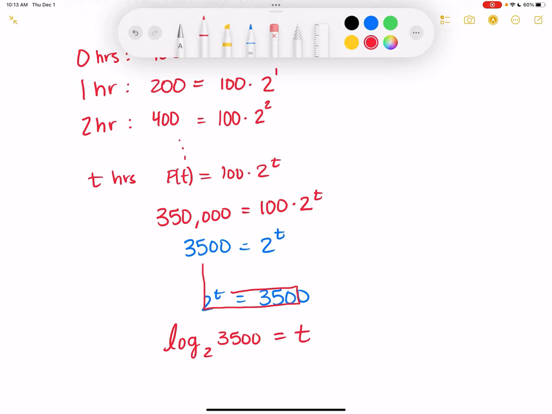So on your calculator, you'll see a log button, but that's not the button that you need. It's not the right button. That's for a common log, which is a log base 10. It's a log base 2. And again, don't stress out if you don't remember how to do this on your calculator because you'll be doing a lot of them in the next section.